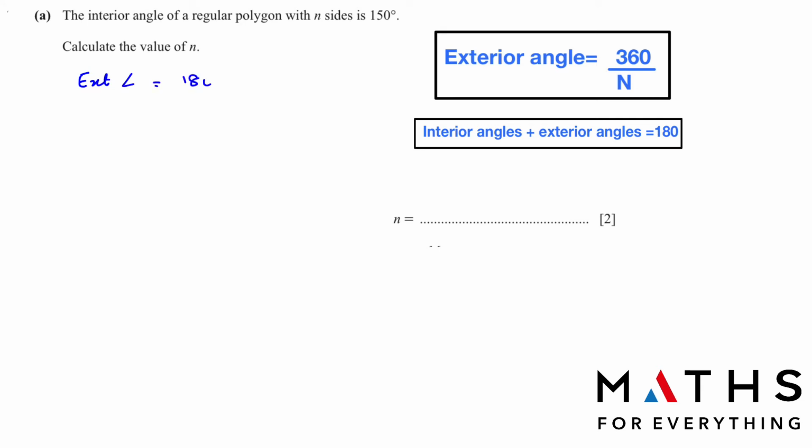It will be 180 minus 150, which is 30 degrees. You have the exterior angle. I'm using this rule now. Make n the subject. So 360 divided by 30. That is our n, number of sides, which is 12.